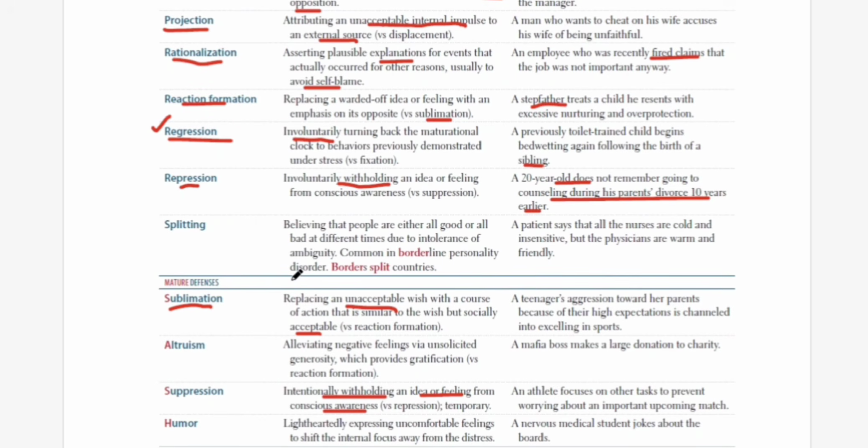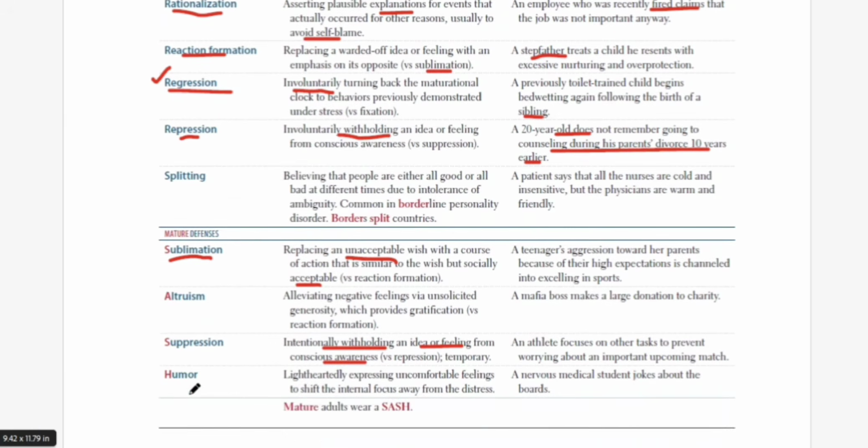So repression, unlike suppression, which is conscious, is an automatic response, keeping the distressing memory or feeling out of conscious awareness. But in suppression, we are consciously suppressing our feelings, right?